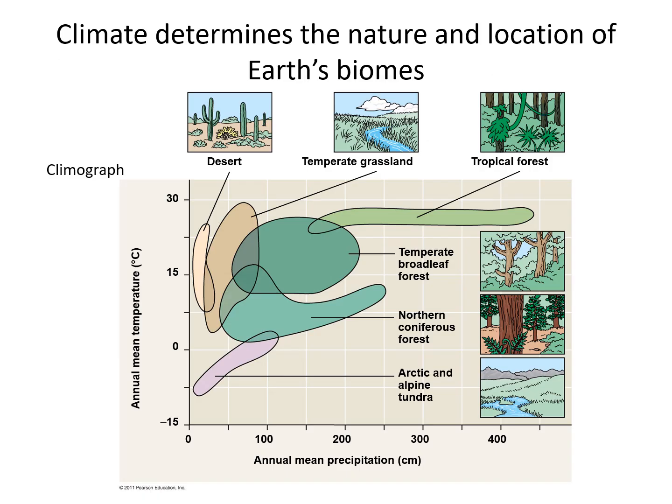The Earth's biomes are a result of the annual mean or average temperature and the annual mean precipitation. And in this graph, you can see the two plotted against each other. So for instance, deserts, we have low precipitation and high temperatures. Tundra, we have low precipitation and low temperatures.